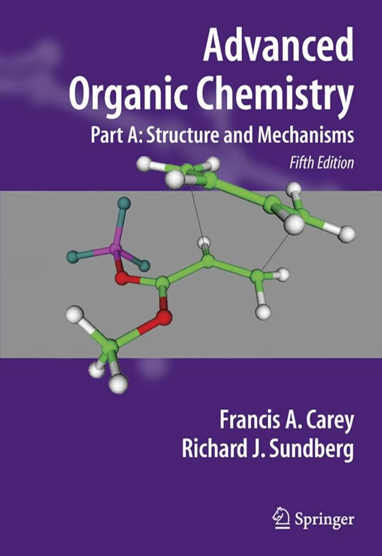SN1 reactions are much more sensitive to leaving group ability than SN2 reactions. Why is that? Remember, in the rate-determining step of SN1, the leaving group has to depart all by itself, completely unassisted by the nucleophile. Its inherent ability to leave is therefore paramount. Whereas in SN2, the nucleophile is helping push it out. Exactly. That nucleophilic assistance in SN2 means the reaction is less reliant on the leaving group's intrinsic desire to leave.